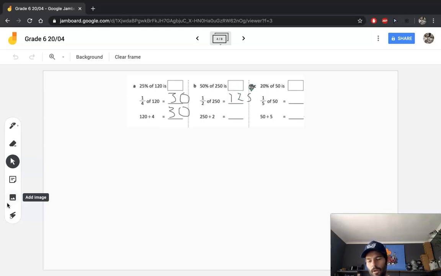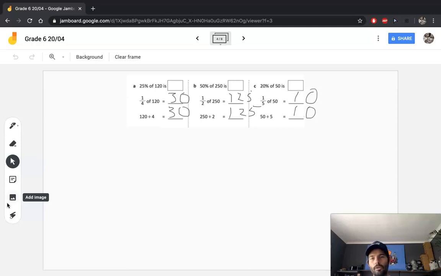So 250 divided by 2 is also 125. And then 20% of 50, a fifth of 50, so 50 divided by 5 is 10. So 1/5 of 50 is 10. Okay, so if you can convert and recognize percentages and fractions, then very good.